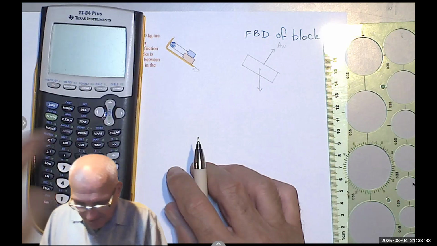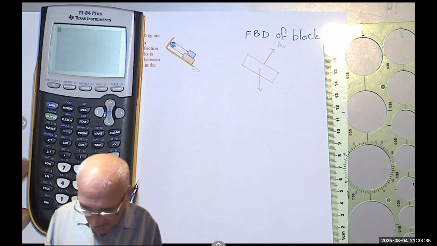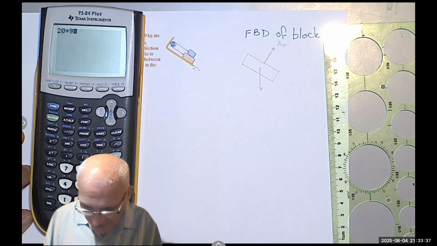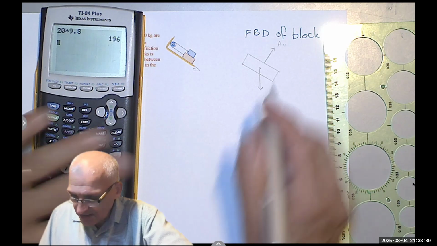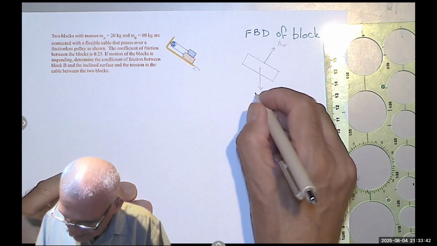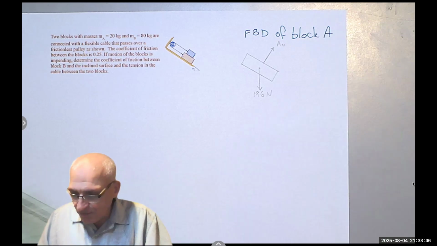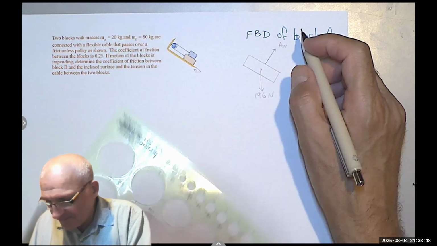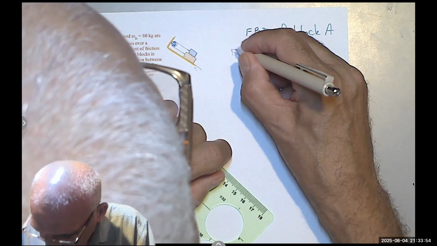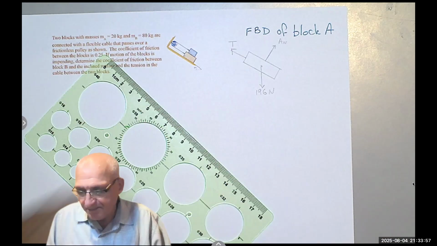Now this weight, we said 20 times 9.8, so that's 196 Newton. Then we have a tension on the cable here, tension meaning going away from the body.